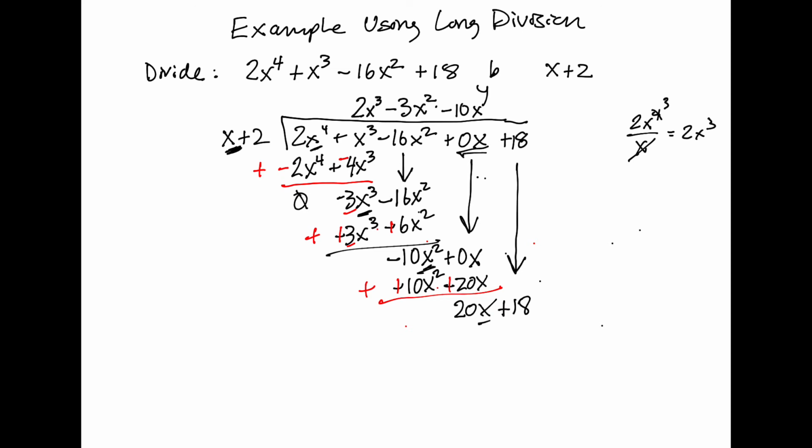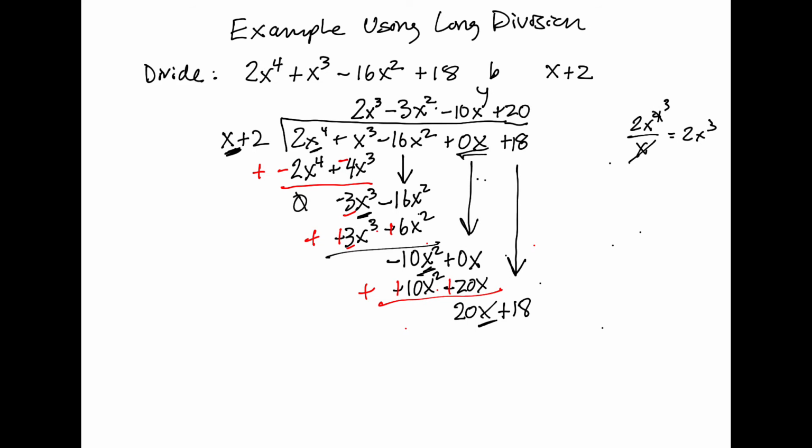Focusing on the first parts, x times what gives me 20x? Well, that's just going to be plus 20. And as I multiply 20 times 2, that's 40, and that's positive 40. And then 20 times x, that's 20x.